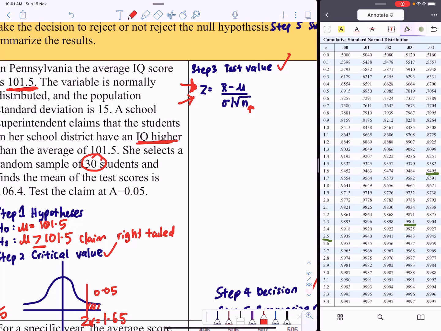If the question involves proportion, we also use the Z test, but the formula is quite different. If the question gives you information about the standard deviation or variance, then we do the chi-square test. We need to use table G. If T test, we use table F. Make sure you know when to use table E, F and G.